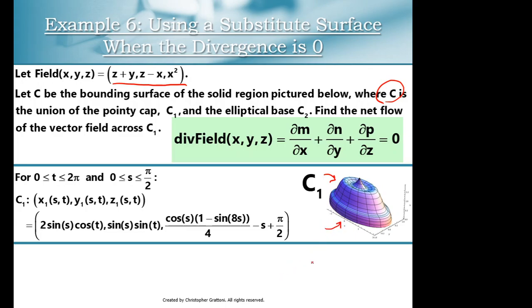That's underneath, but you can't really see it right now. If you kind of try to turn that thing over, it's got a flat base, and that would be C2. So C is the union of the pointy thing on top and the flat thing on the bottom. Anyway, we're going to try to find the net flow of the vector field across C1. Notice that C1 is not our closed surface, it's the pointy cap. It's the pointy hat. It's an open surface.